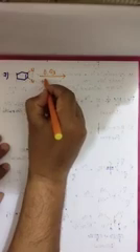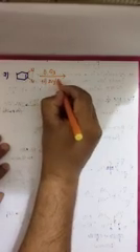Condition 1, ozone. Condition 2, zinc in the presence of water. See, no need to write the total mechanism. Simple trick. Where the double bond is there, that you have to break. This bond you have to break.